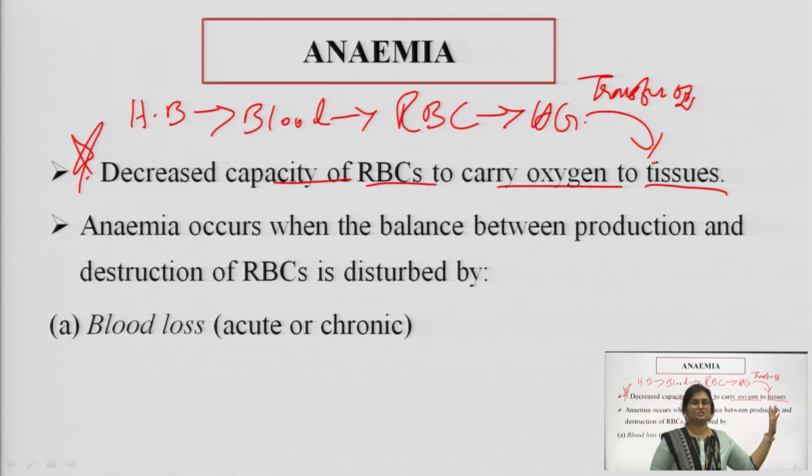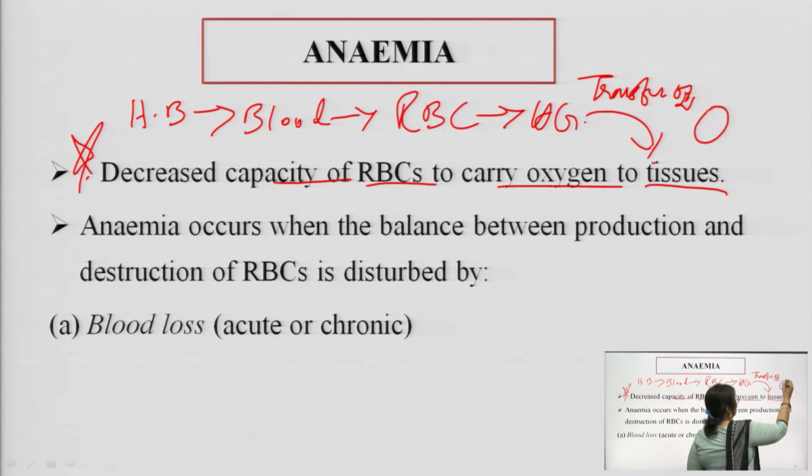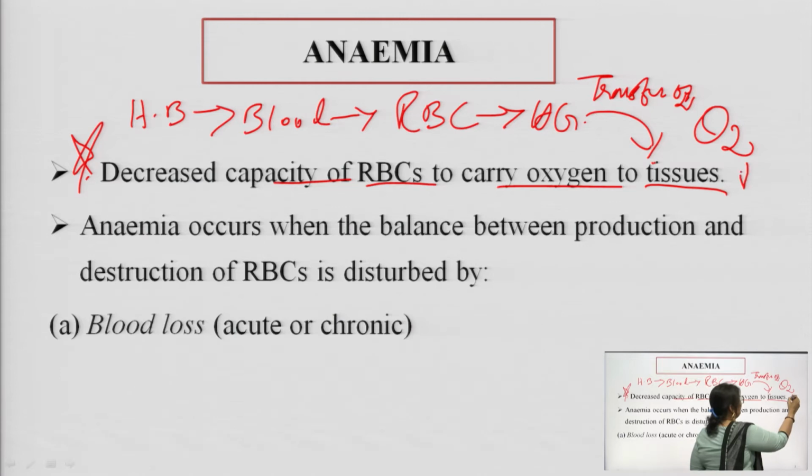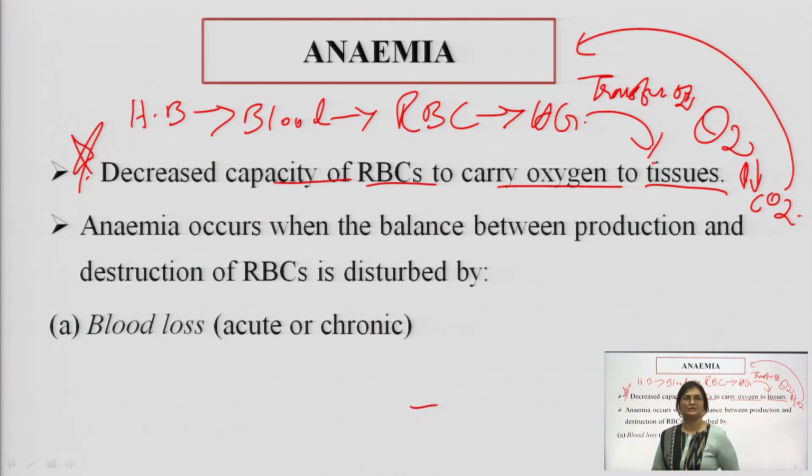So what do RBCs do? They contain hemoglobin, and this hemoglobin carries oxygen from the lungs to distant tissues in our body. In the tissue, they exchange the oxygen with CO2 and carry the CO2 back to the lungs so that it can be exhaled out.